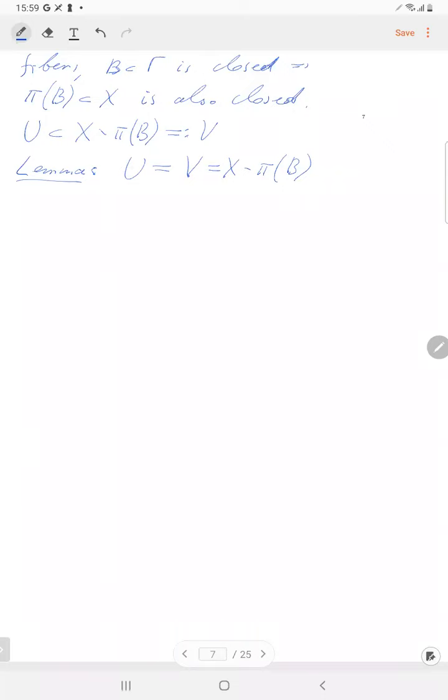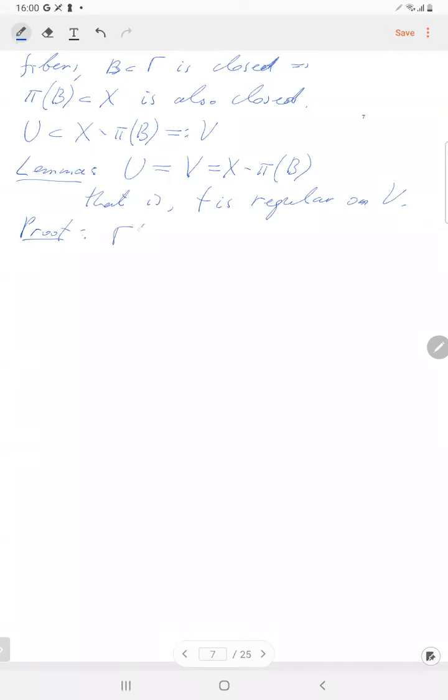I mean, I want to prove that our morphism F is regular on this V. So that is, F is regular on the whole of V. Okay, fine, and let's prove this.